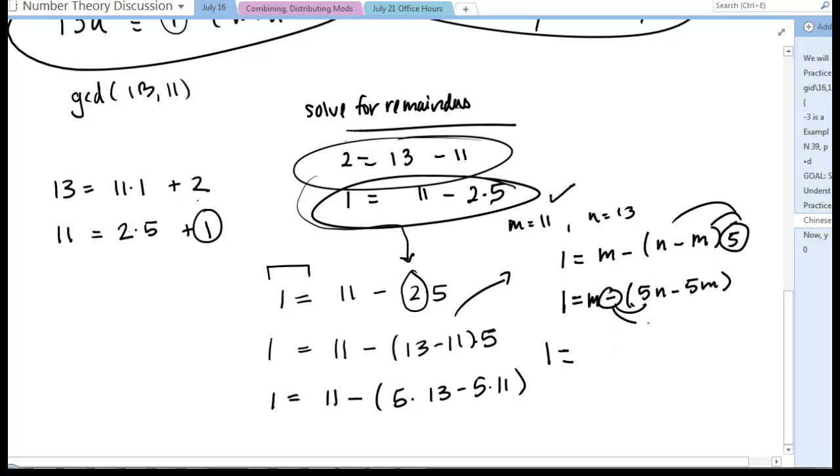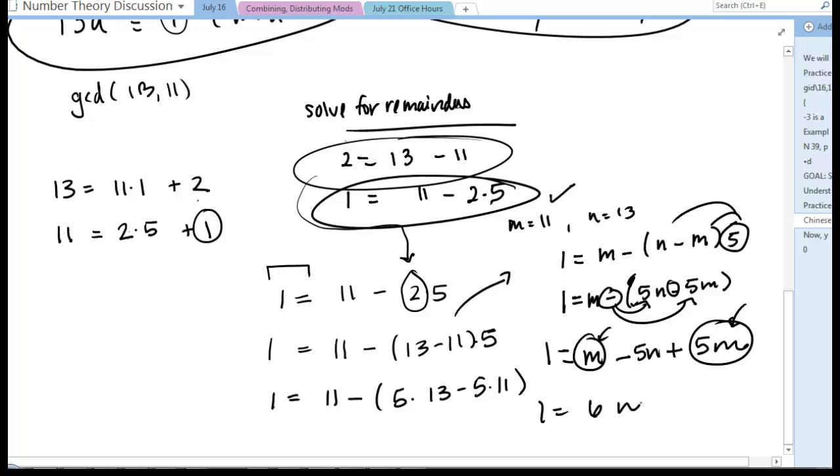I'm subtracting this and that guy, so I will have opposite signs for each of them. Instead of positive here, I'm going to have negative. Instead of negative here, if I subtract a negative value, it'll be a positive value. Now I've got like terms. I've got 1m, and I add 5 more, so I've got 6m minus 5n.